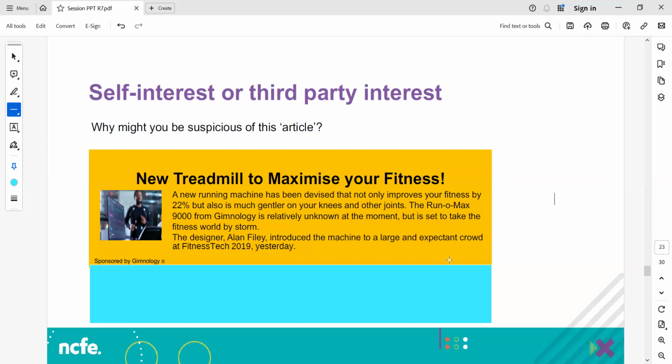What tells us that we might need to treat this praise for the running machine with caution? So in the text, it tells us who has made the running machine. Can anybody see that? Which company are bringing out this running machine?